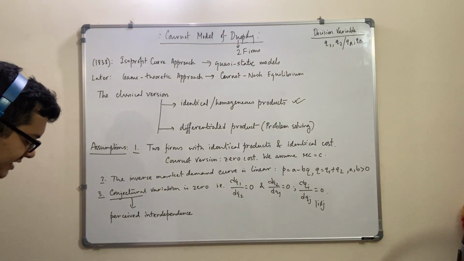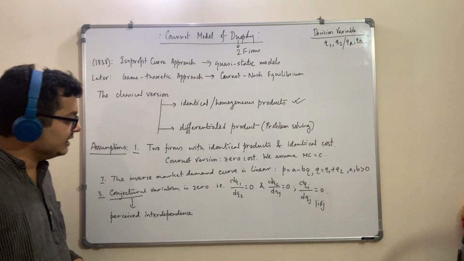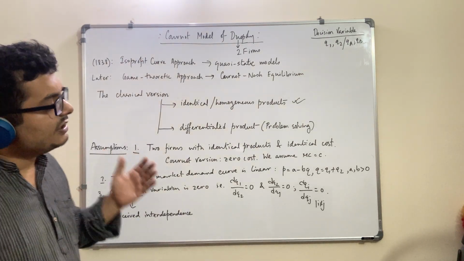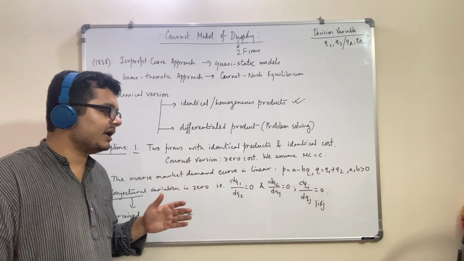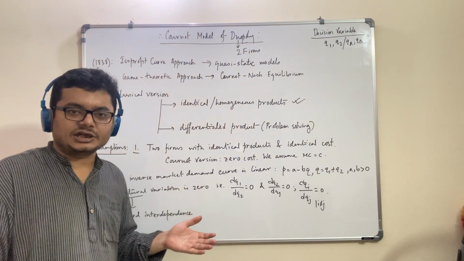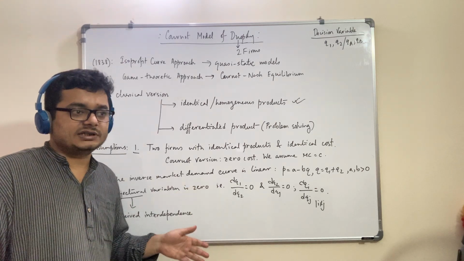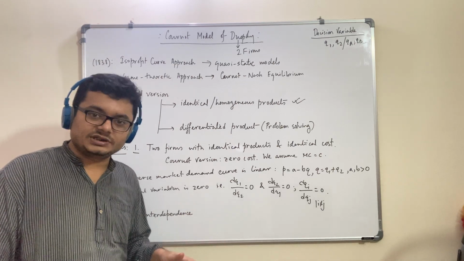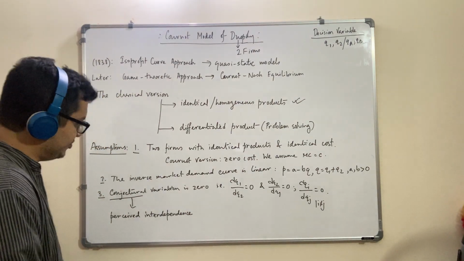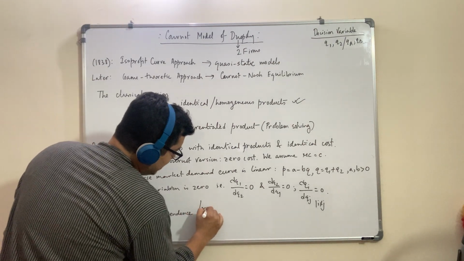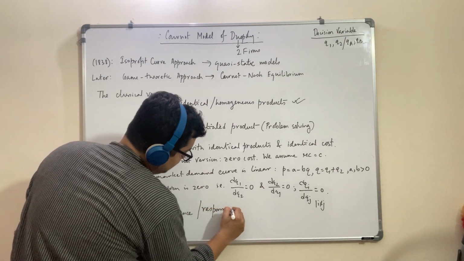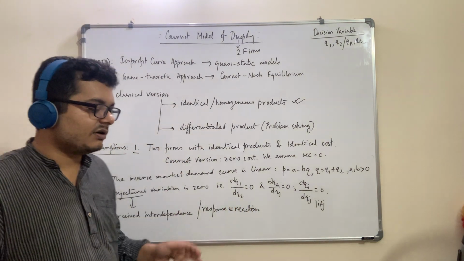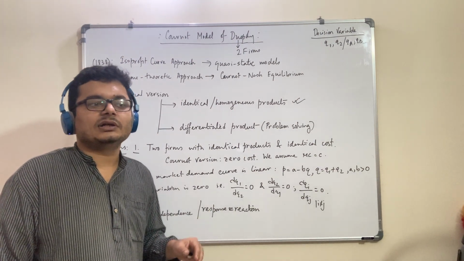So conjectural variation, keeping aside all these complex things, basically means that if firm 1 today announces its output decision, then based on that output decision, how will firm 2 change its output decision? So basically we are talking about response or reaction, whatever you prefer. So firm 1's reaction to the output decision of firm 2 and firm 2's reaction to the output decision of firm 1.